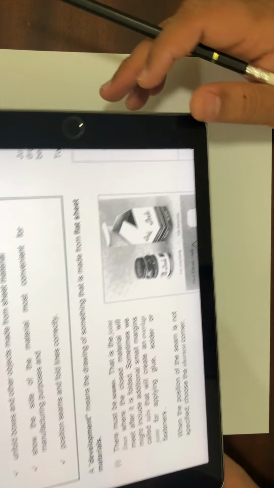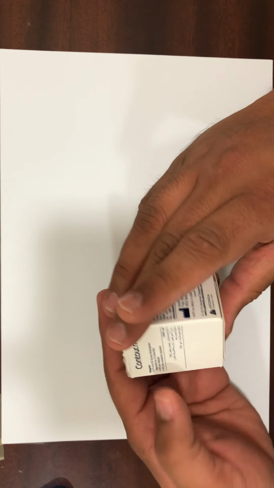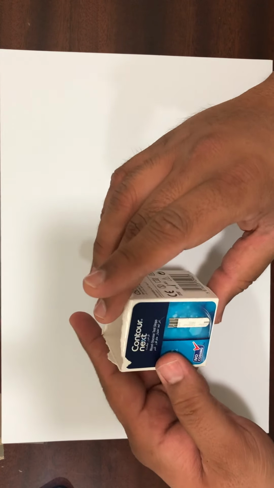So now let's see. Suppose this is a box. What does development mean? What actually development means? So this is a box.